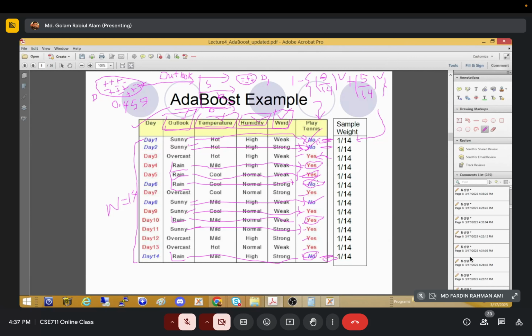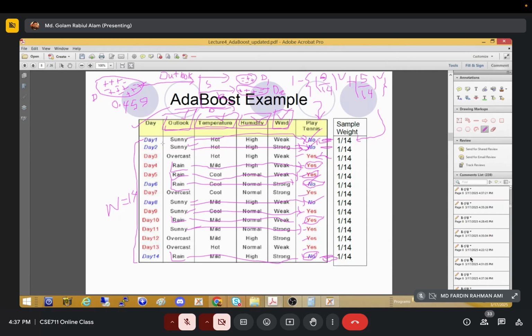So that means 3 positives and 2 negatives. So this is our data set D2.